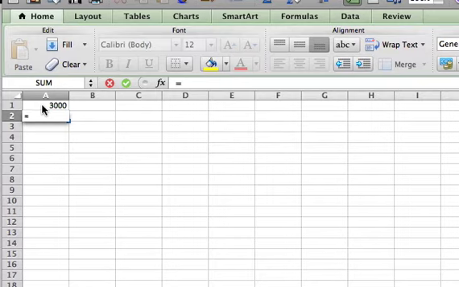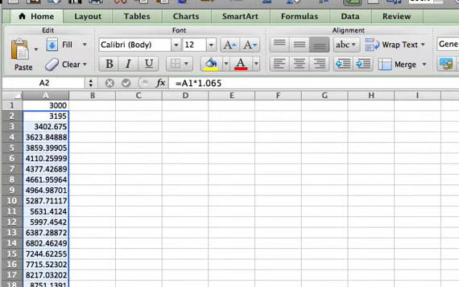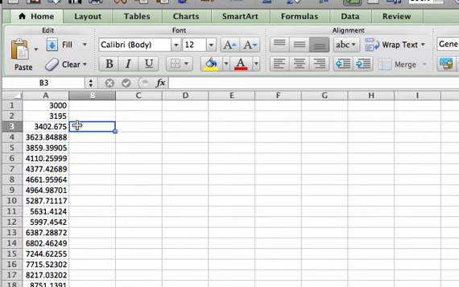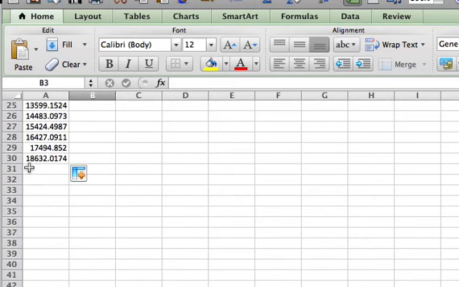So that would be $3,000 times 1.06. Let's say 6.5%. Okay, so if the stock earns 6.5% every single year, after 30 years, it would grow to $18,632. That's after 30 years.